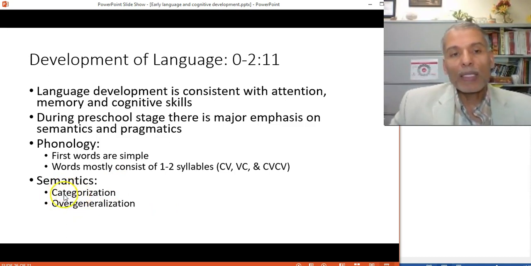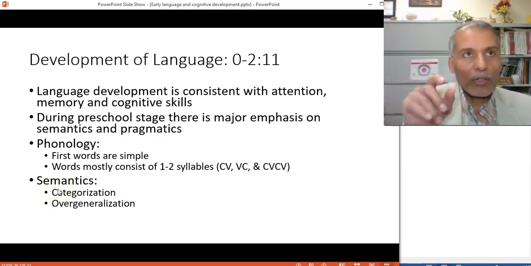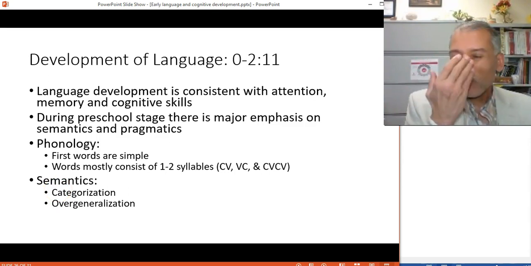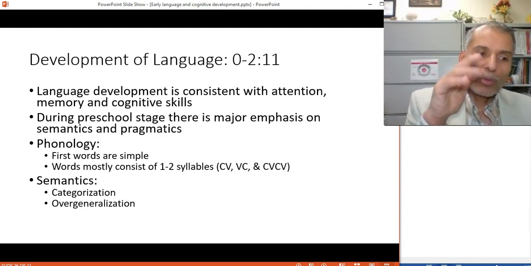And in terms of semantics, again, during the preschool years, they focus a lot on categorizing. They want to see things in categories. That is a skill they focus on so much between ages 1 and 2.